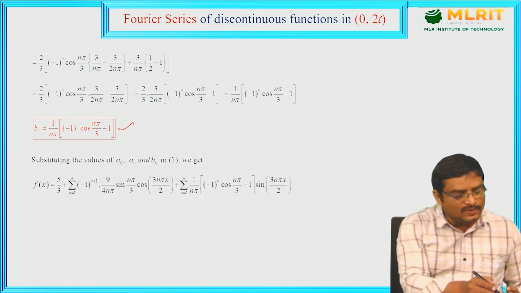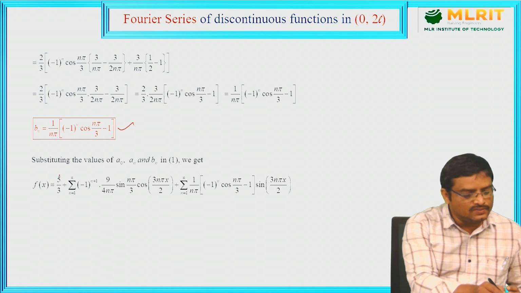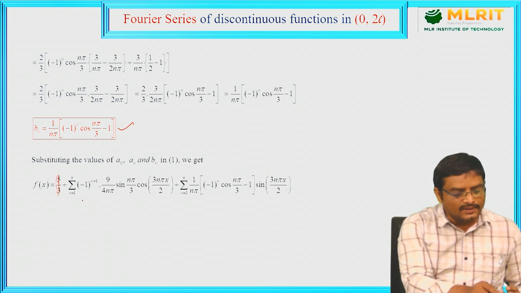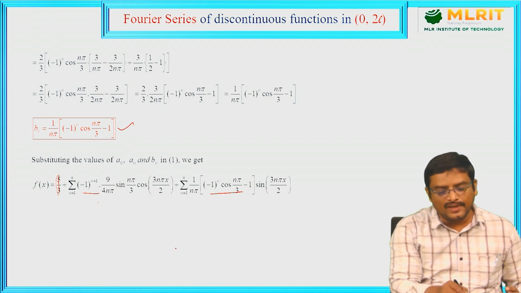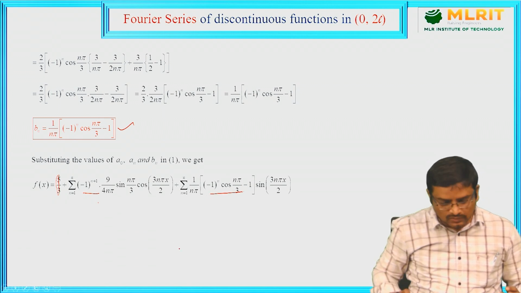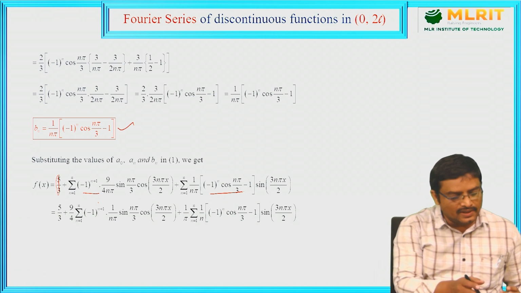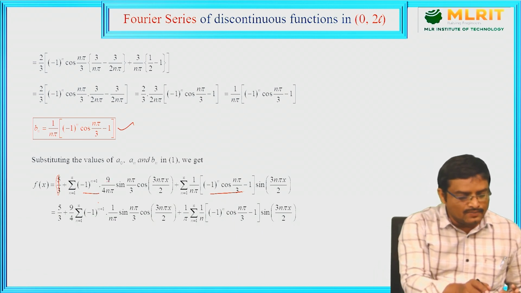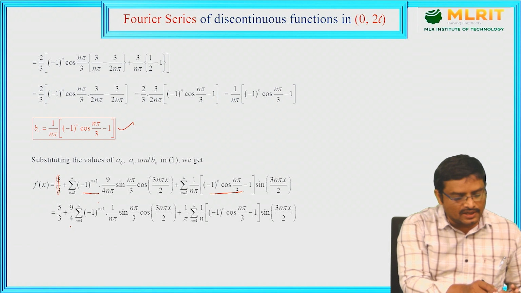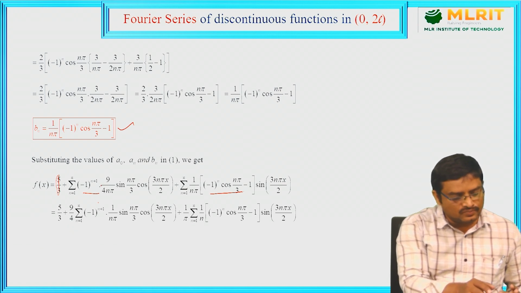So now replace that a0 by 2 with this value. Finally you will get 5 by 3, and replace in the second term that an value here. In the third term, replace that bn value. So now simplify this by taking the constant terms outside from the summation. So 9 by 4 is constant, so we can take that 9 by 4 summation minus 1 whole to the power of n plus 1.